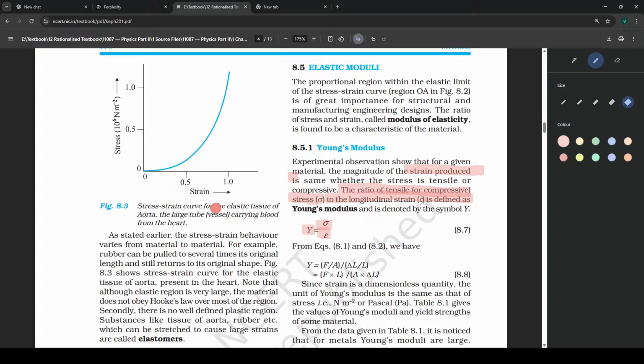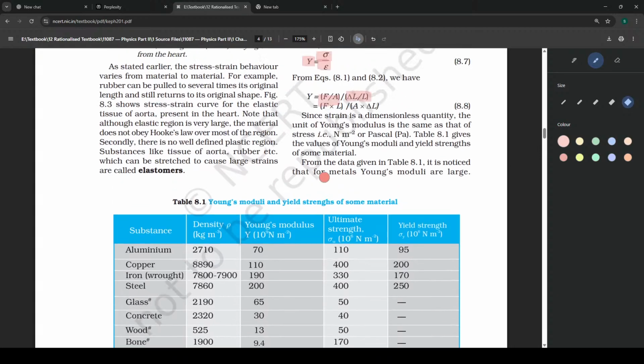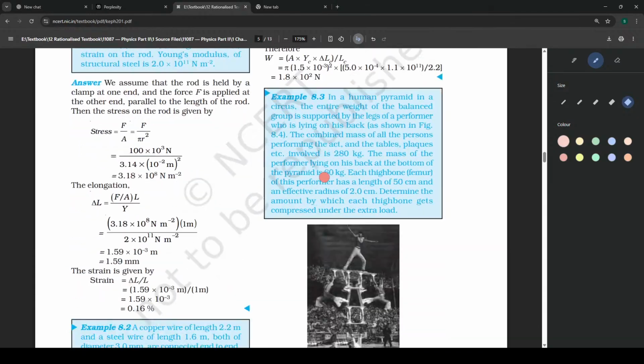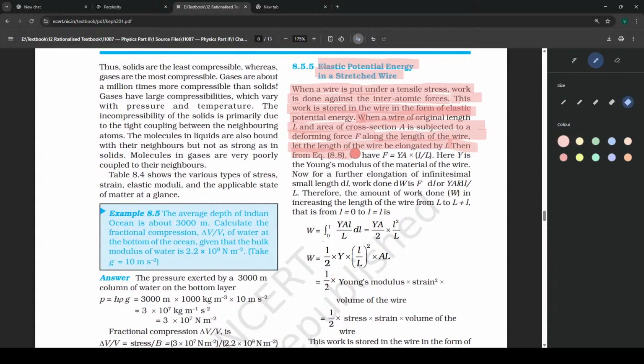We know stress is force by area, and longitudinal strain is delta L by L. So we get Y equals FL by A delta L. From that equation we have F equals YA into l by L. This is the same formula, just rearranged.